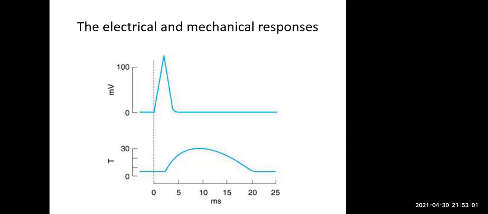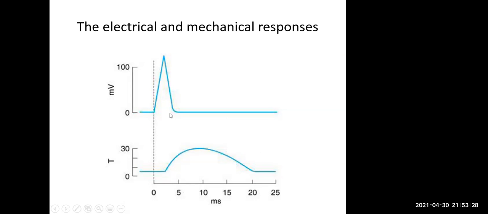During this phase, if you apply the second stimulus with higher strength, you will obtain an additional action potential and additional muscle contraction. So if you apply the electrical stimulus during this relative refractory period with higher stimulus, you can obtain a response.